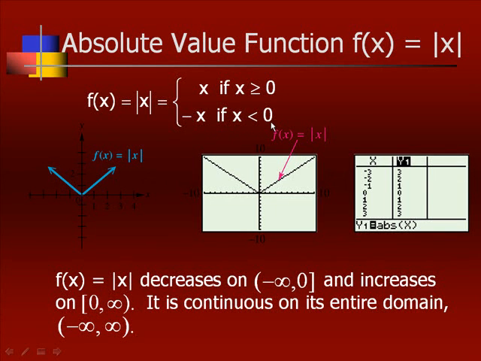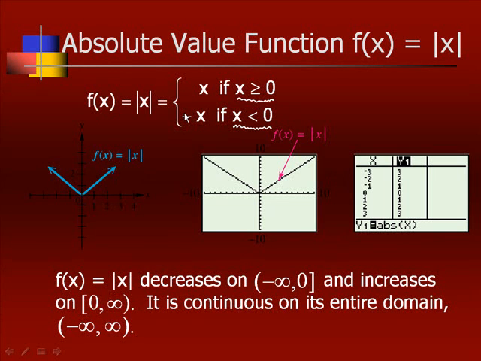I know that's a little bit weird, but think about it. If x is a positive number, 0 or a positive, then the absolute value is just that number. But if x is a negative number, then the way we make it positive is we take the opposite of that negative x.